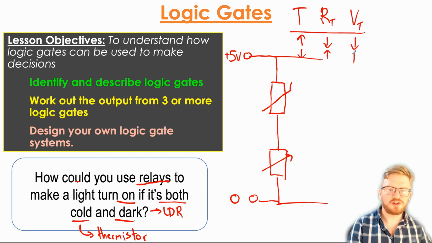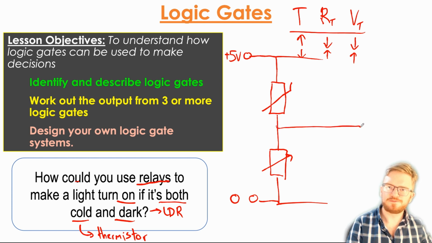Now, I want something that will turn on when the thermistor is cold. So what I need to do is take my voltage out from my thermistor. Now if this is at 5 volts up here, that means that I'm going to want to measure a voltage across this thermistor here. So in other words, I want a big drop, so I'm going to measure my output here.